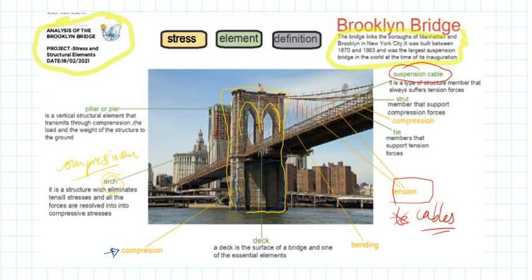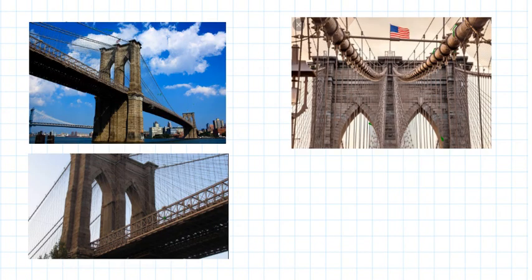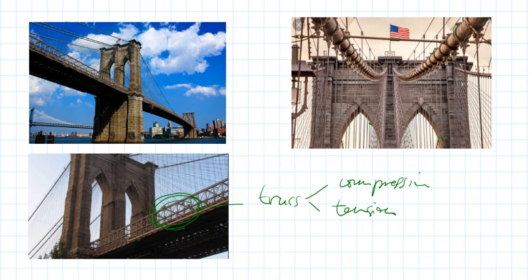If you go in detail, let's see. Okay, you can see here the trusses. So this is truss. And in truss, we always find compression and tension. The elements that support tension are called ties. The other ones are called struts.